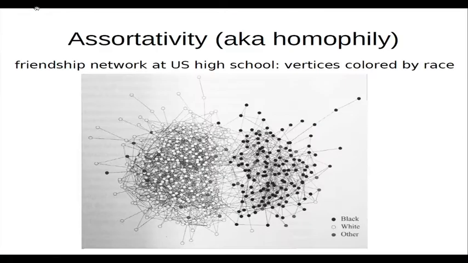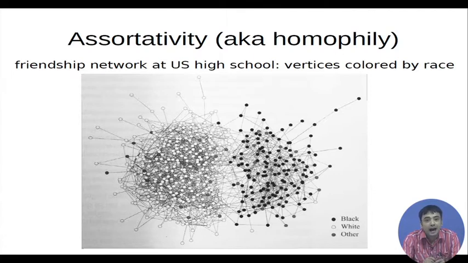Okay. So, if you look into the slides, the first example that we have here is a friendship network from one of the US high schools, and there are 3 different types of nodes in this network. The black ones correspond to black people in the school, the white ones correspond to white people, and the gray ones are the others, who cannot be classified into either of these groups.